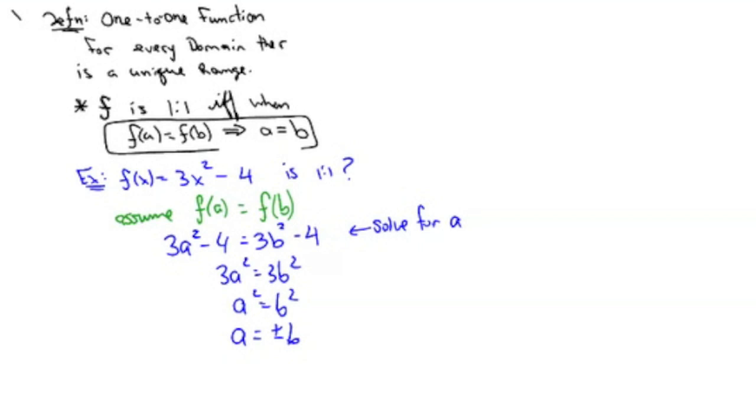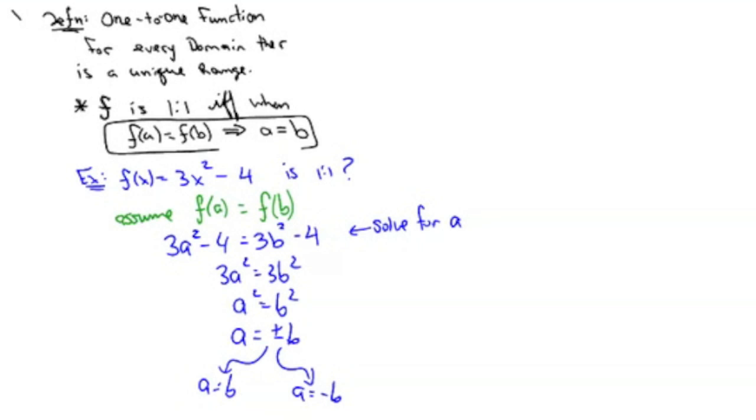Because if you square root both sides of an equation, you have to tag in plus or minus to account for the positive root and the negative root. See, a could have been negative 3 over here, and b could have been positive 3 over here. If you square them, it's 9 equals 9. But a does not equal b. So this gives us two possibilities: a is equal to b, or a is equal to negative b.